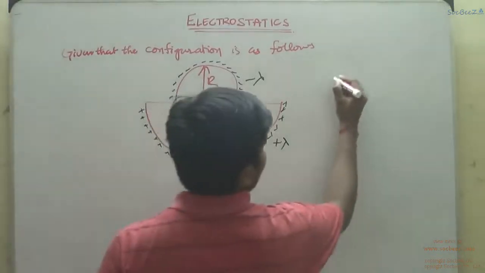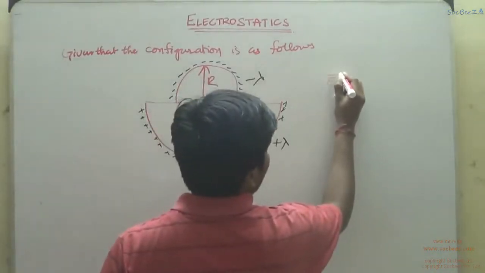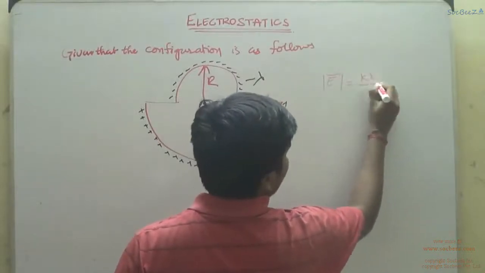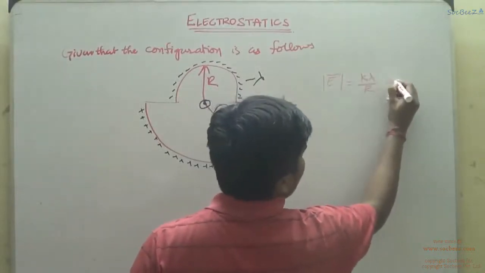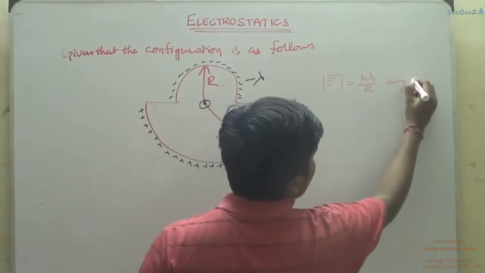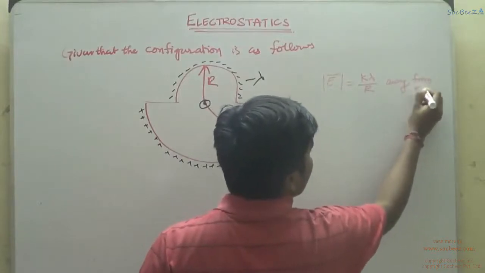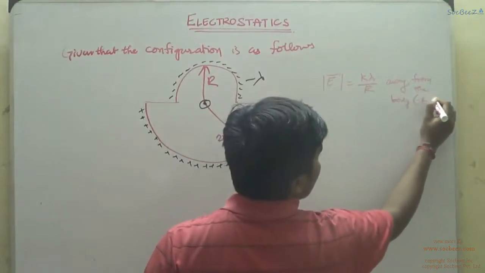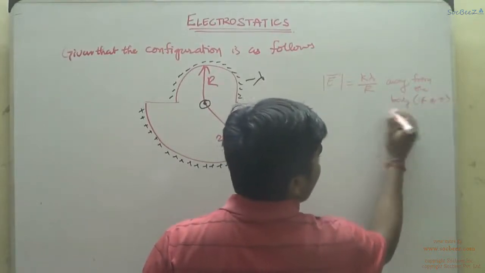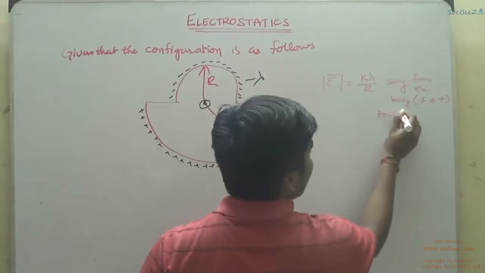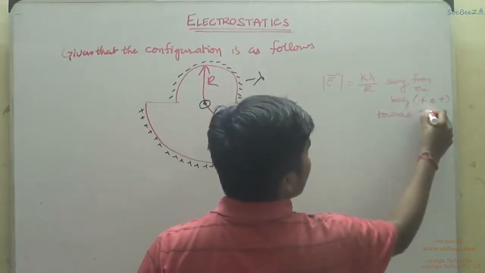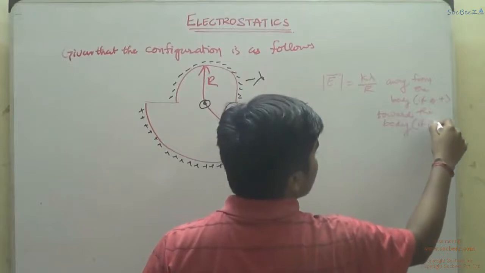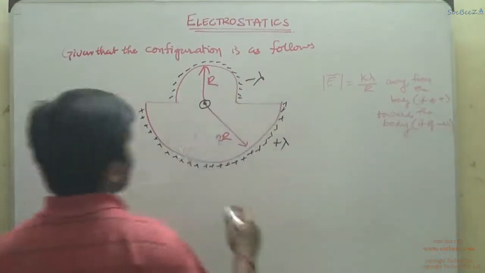What was the formula for the electric field? Electric field is equal to K lambda by R, away from the body if the charge is positive, and towards the body if the charge is negative.